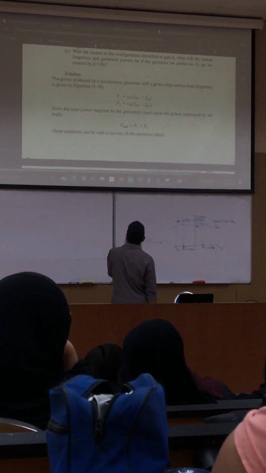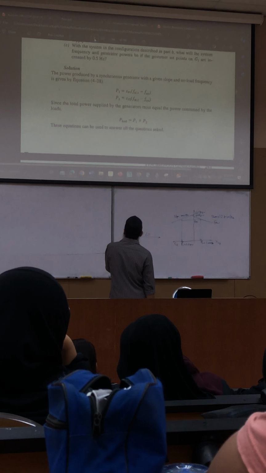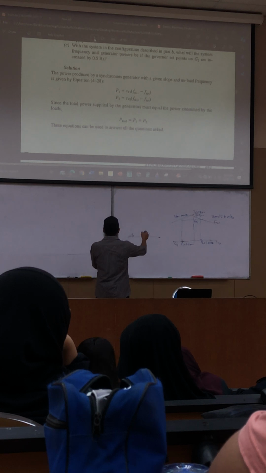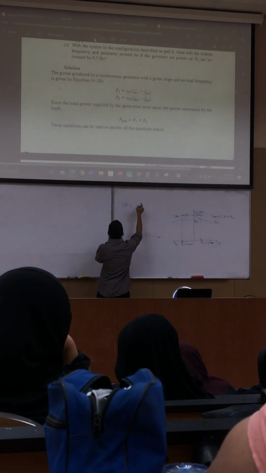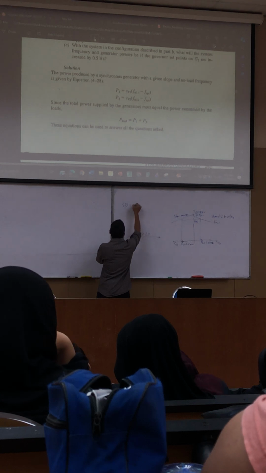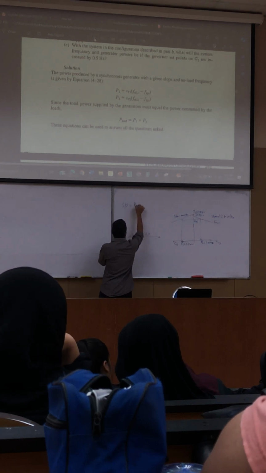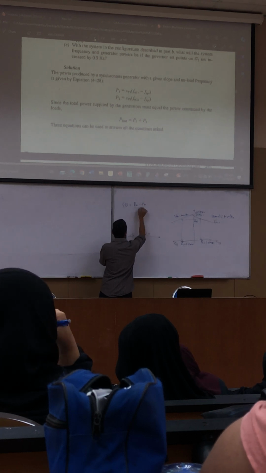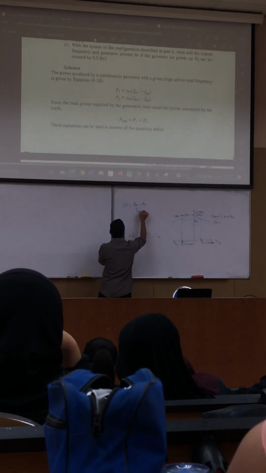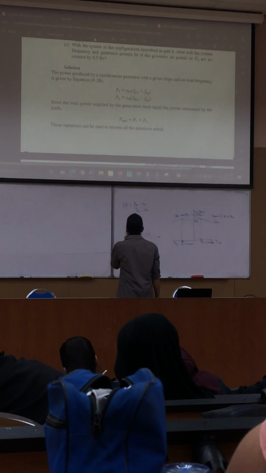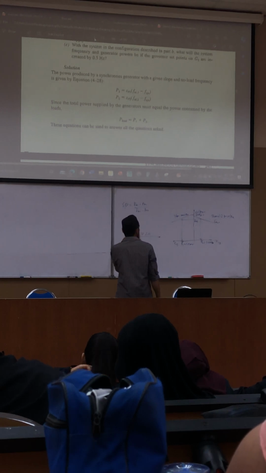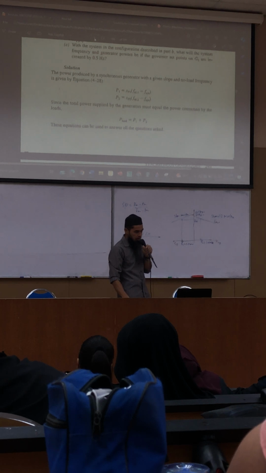So speed droop of your system is equal to, kalau ikut formula kan, speed droop is equal to P no load minus P full load divided by frequency no load minus frequency full load. And so this is your speed droop there.